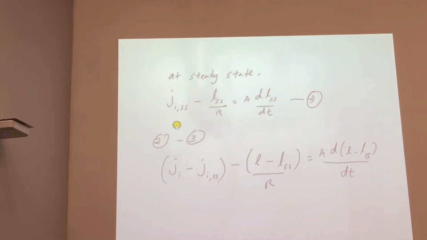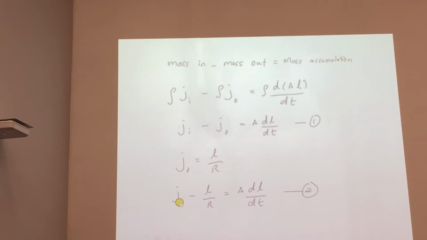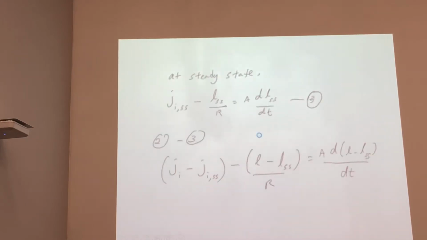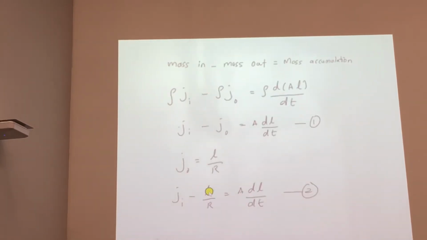Once you use equation 2 minus 3, right? Remember equation 2 is what? Equation 2 is Qi, right? And then minus Qi steady state, you got Qi minus Qi steady state. Okay? And at the same time, the tank level also has to minus out compared to steady state. What is the tank level from equation 2? Tank level from equation 2 is H, right? R is something that will not change.